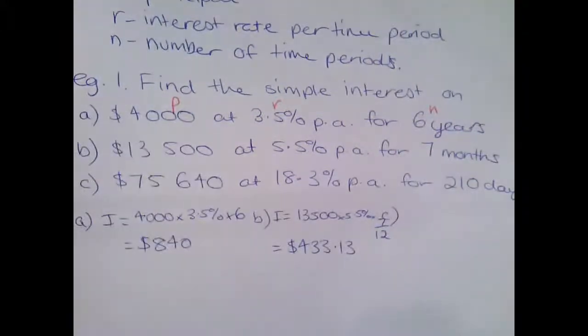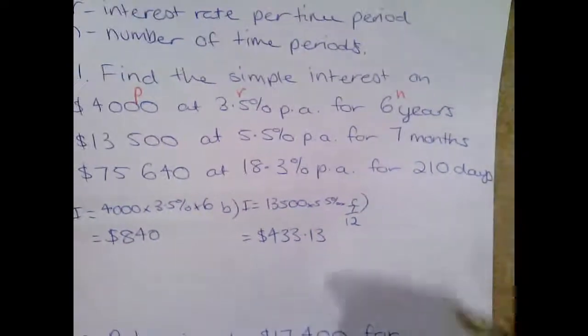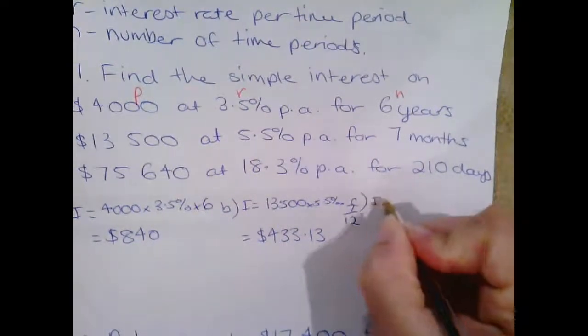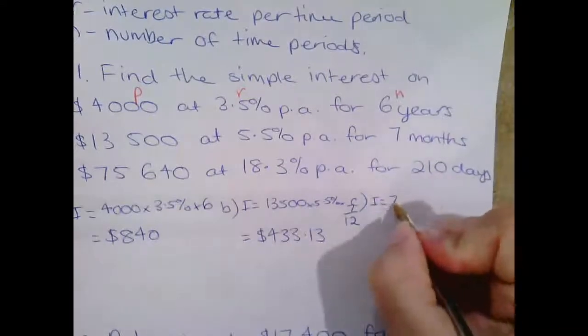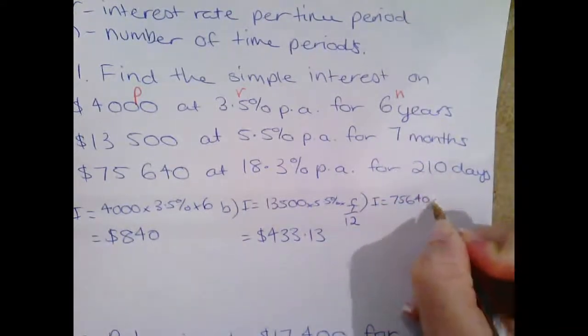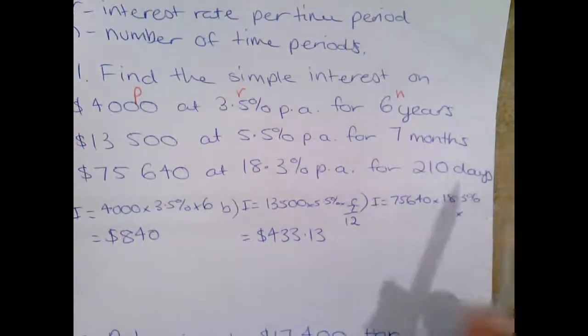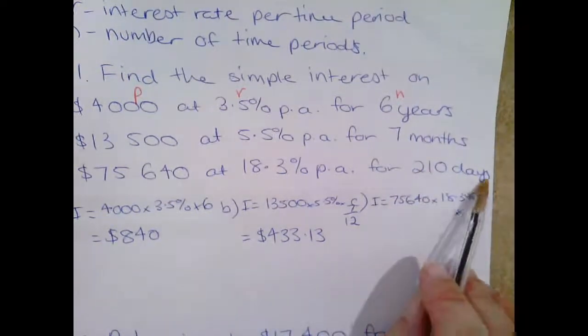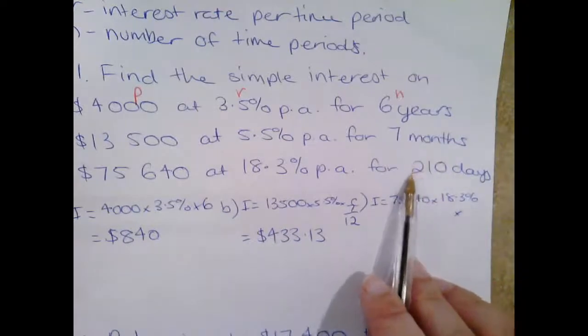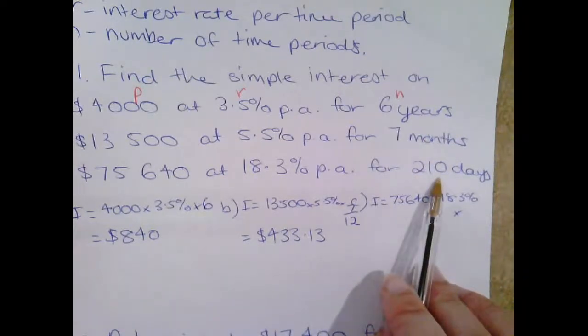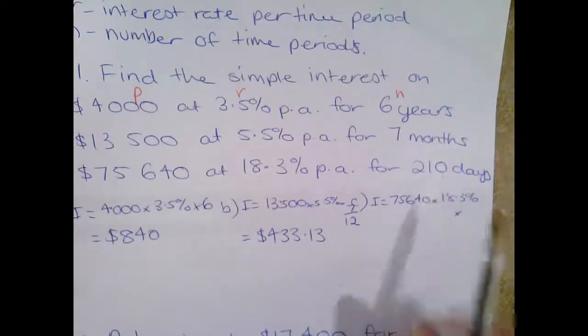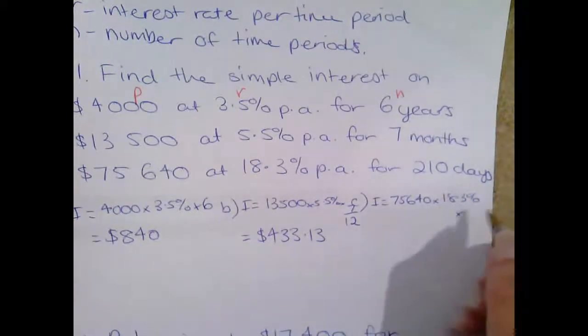Okay, and very similar, part C. So the interest will be 75,640 times by the rate, 18.3%. Now the fraction here, 210 days. I need to change that to a fraction out of a whole year. How many days are in a year? There's 365.